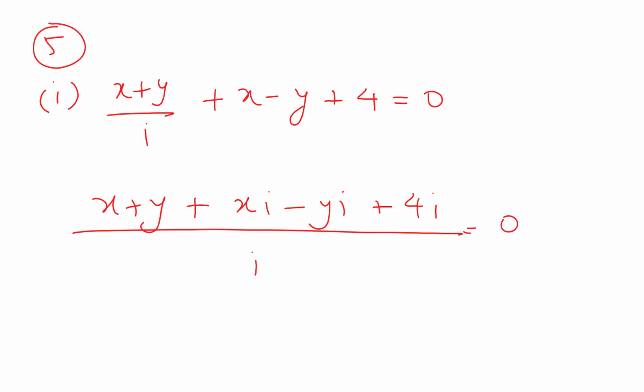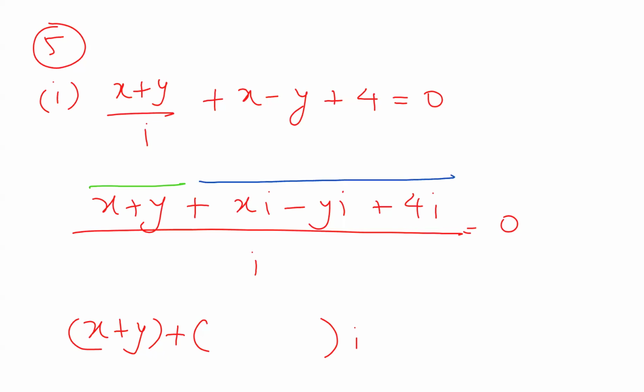So the green colored terms are real terms, so take them together. The blue colored terms are imaginary terms.